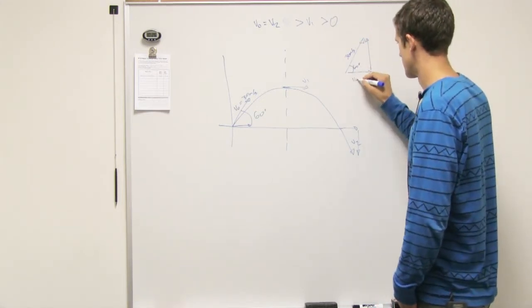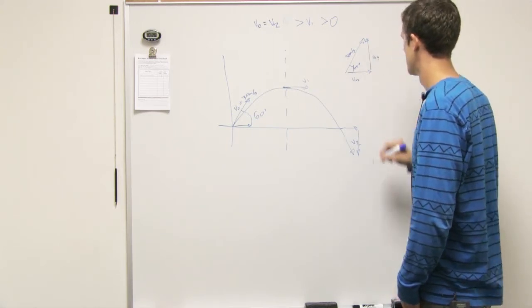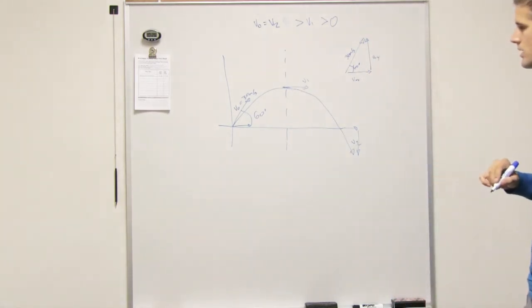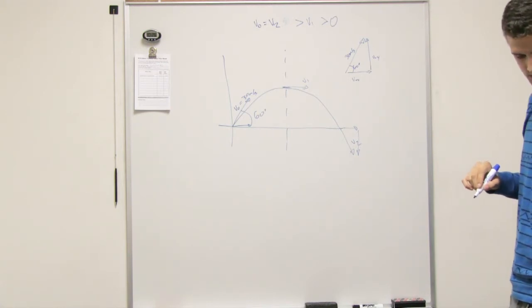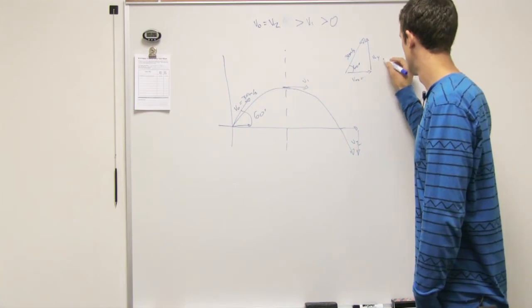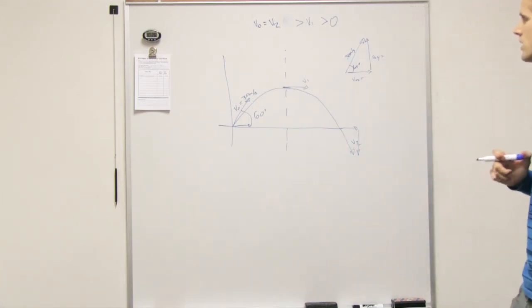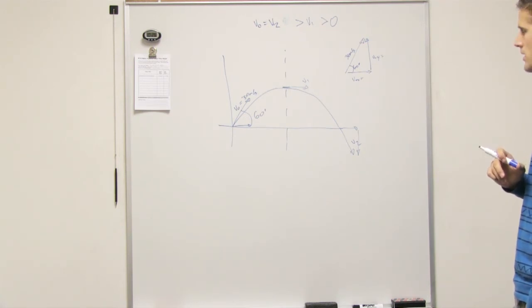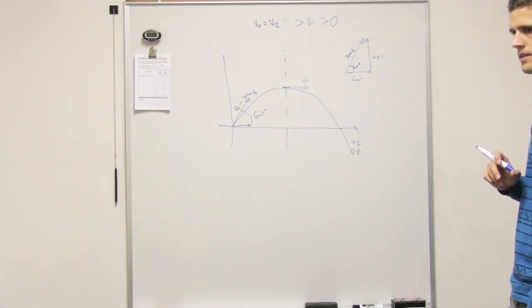And V naught X is here, V naught Y. Okay. It's just asking what these are equal to. Okay. So would that be, the Vy or the 30 meters per second, would that be the hypotenuse? Mm-hmm.